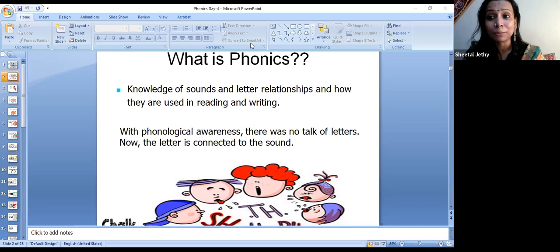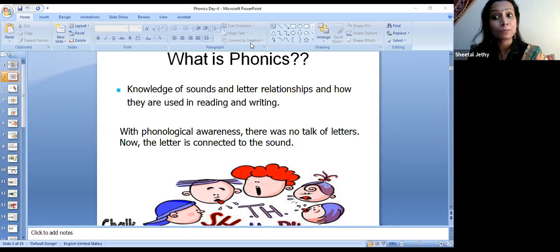And sometimes some words do not follow any rules, right? So phonics can make things a little easier for the children because there are umbrella rules that these words have these sounds and they are going to be pronounced in these particular ways. Hence, it becomes a little easier for the children.